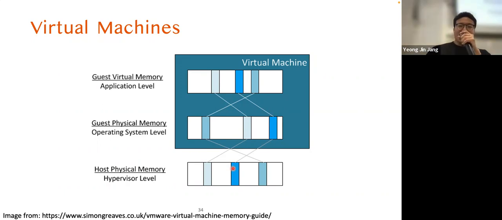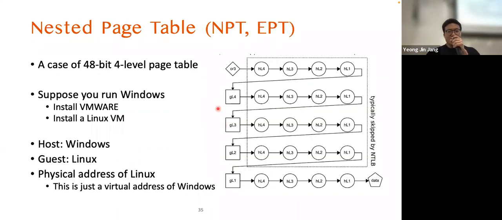So what that means is that the actual page table translation in the virtual machine is something like this. You might be haunted by this kind of diagram, but you can understand it as follows: the CR3 register will store the first page directory address of the guest operating system.